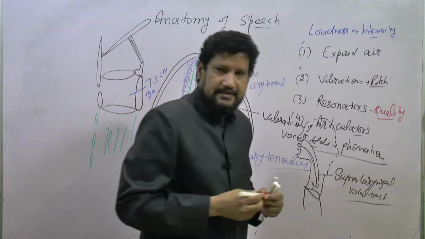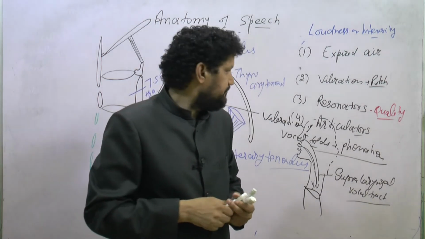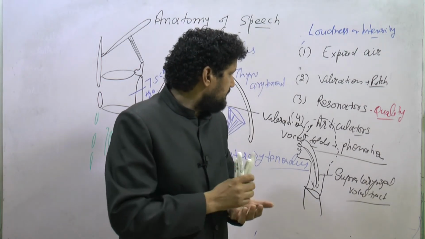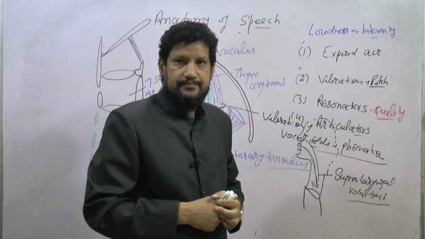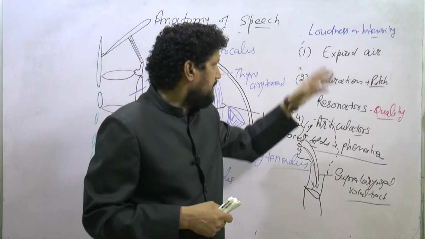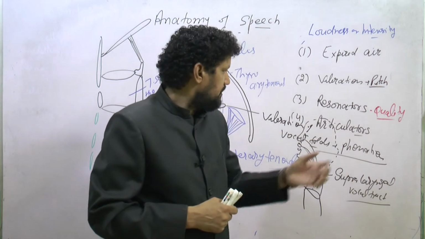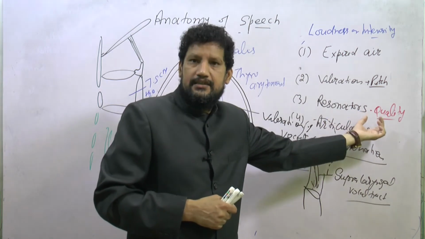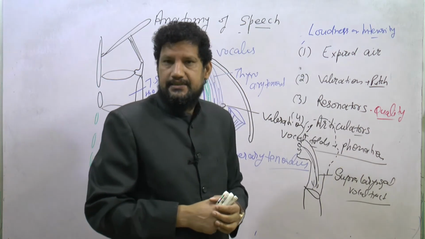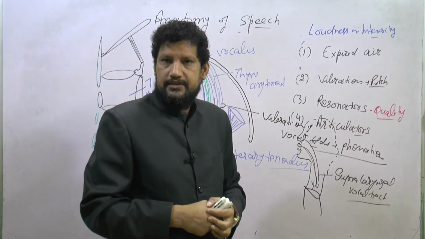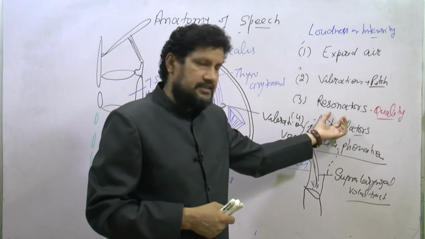The complex human speech, which has different frequencies, loudness and durations, is formed by all these acts. So resonators are changing the quality of the speech or sound. Even on the telephone we can change the quality of the sound using these resonators.